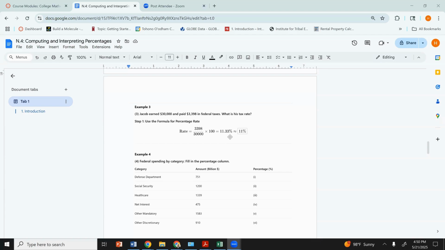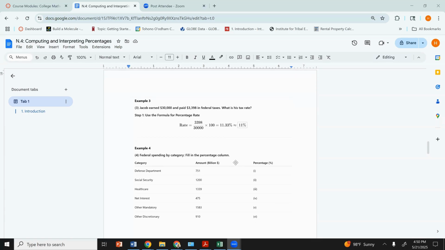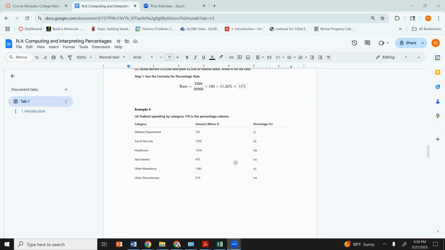Okay, so the next question, example 4, is federal spending by category. In this type of question, you want to make sure that you have a percentage for each of these categories right here. But these numbers here are the amount of spending per category in billions.